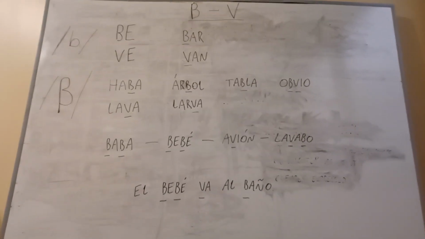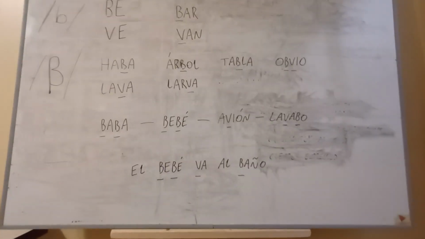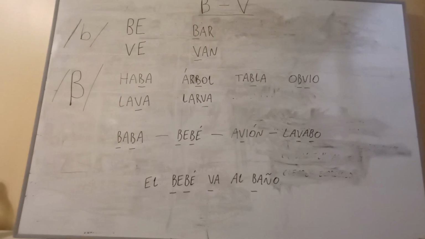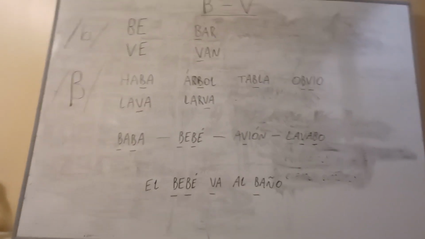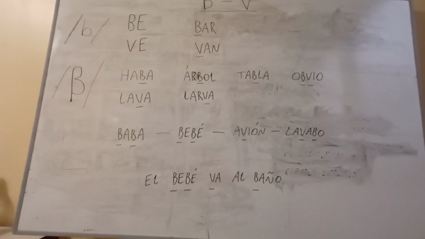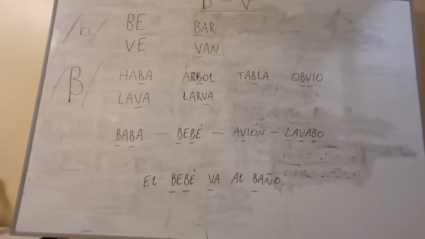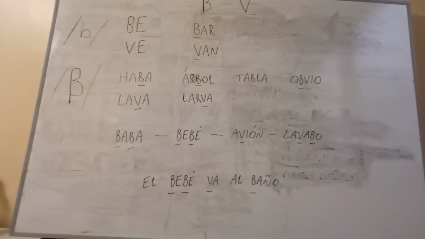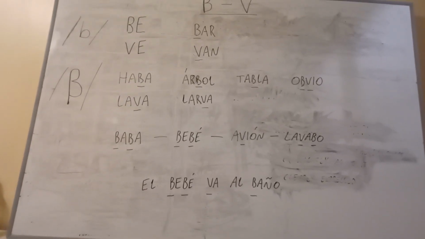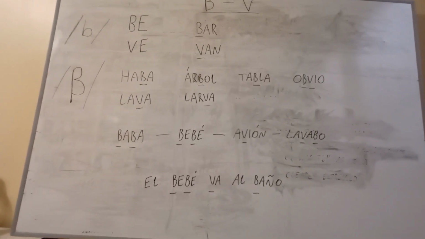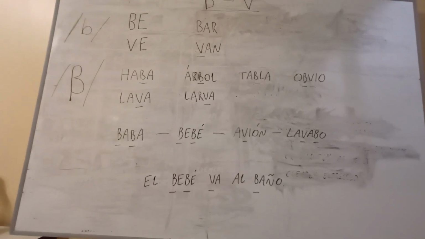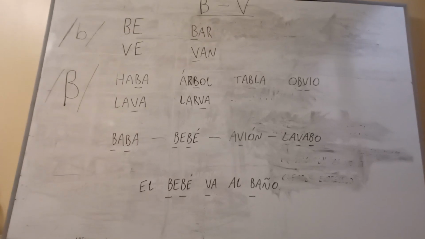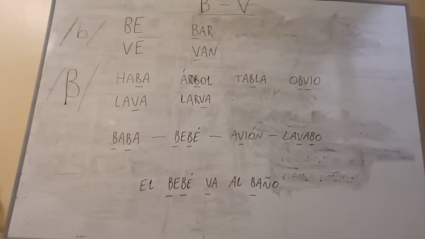Now, let's see what happens in a sentence. We have this sentence. El bebé va al baño. Again. El bebé va al baño.